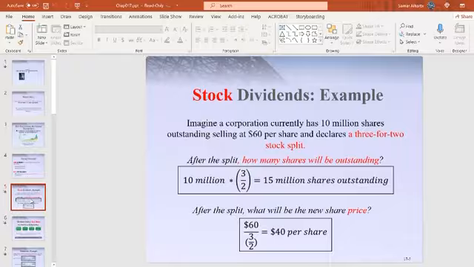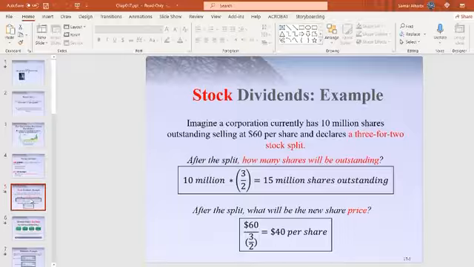You multiply the number of shares currently in the market by 3-for-2. You multiply by 3, divide by 2, and this will give you 15 million. So after they divide the stock into more stocks, there will be 15 million shares in the market. So we know after the split, we will have 15 million shares in the market.